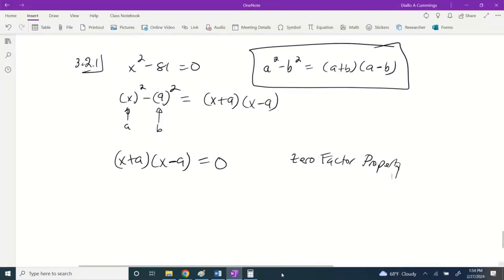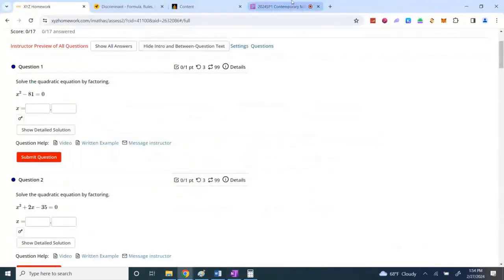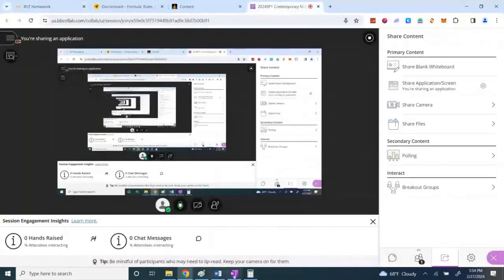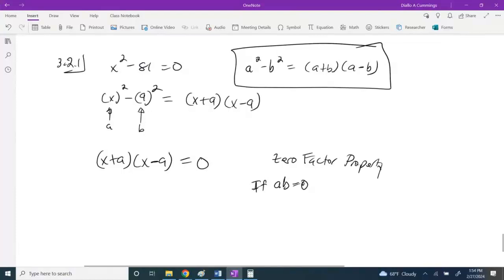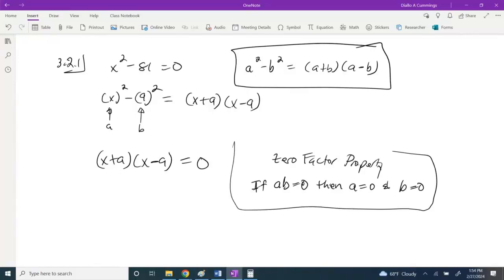The zero factor property says if a times b is equal to 0, then you can let a equal to 0 or b equal to 0.